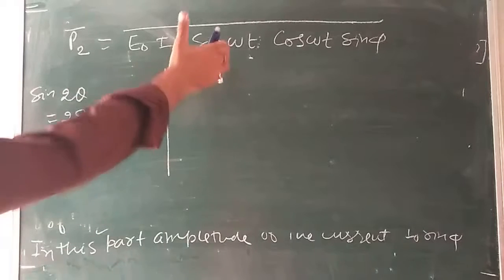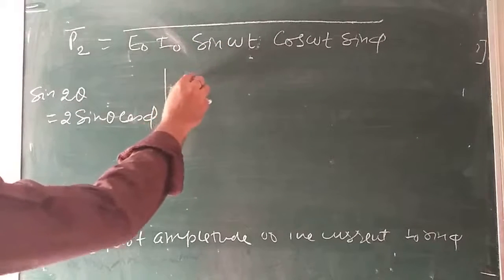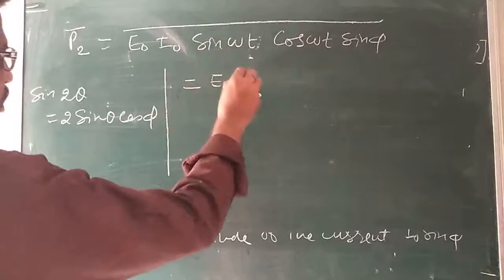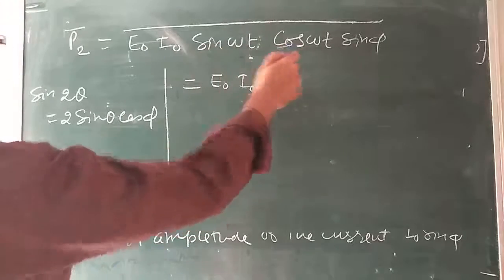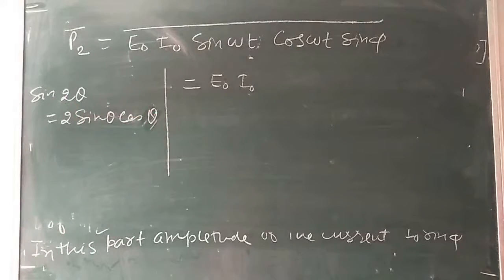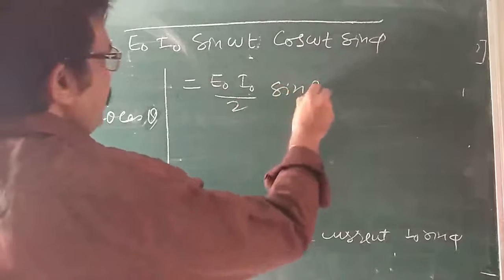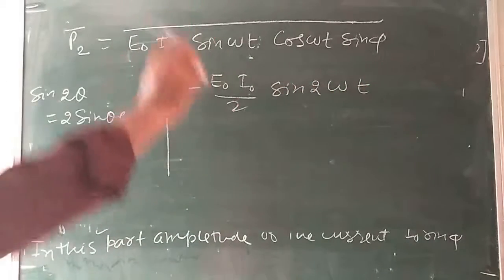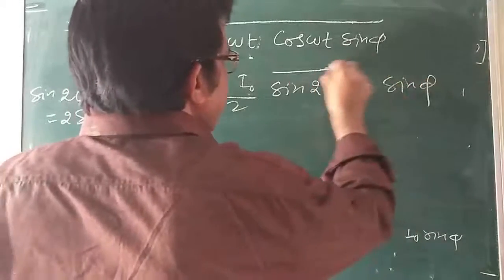Is that clear? Multiply this equation by 2 and divide it by 2. Then I can write here average of E naught is E naught, average of I naught is I naught multiplied by 2 sin omega t cos omega t. Here we can write sin 2 theta, and divided by 2, sin 2 omega t. Is it clear? And sin phi here like this.